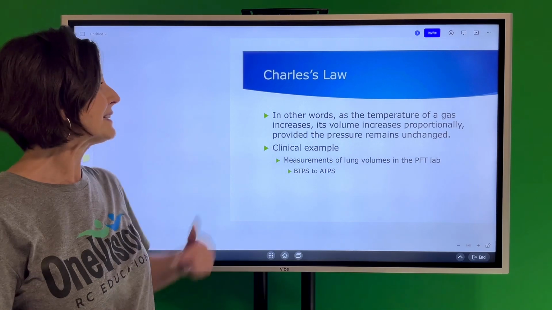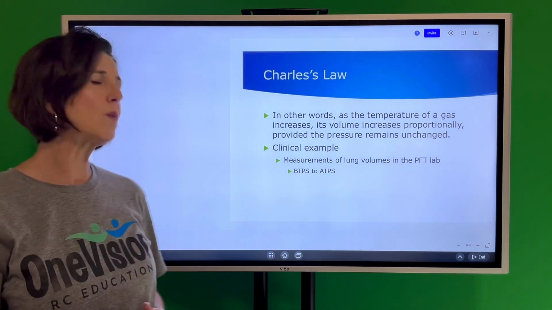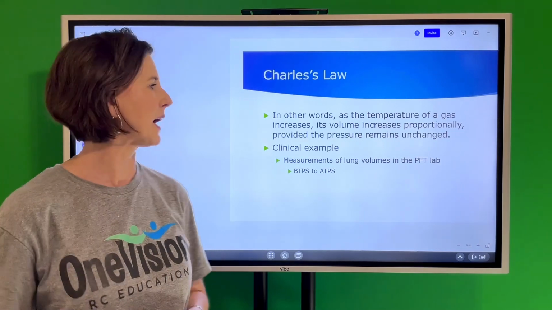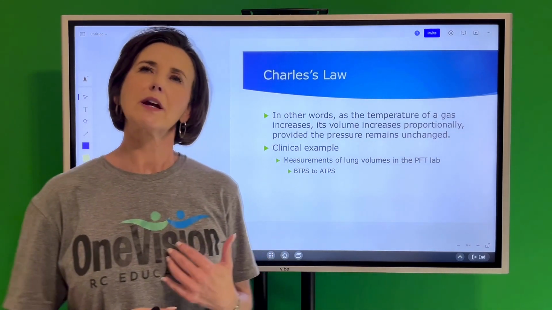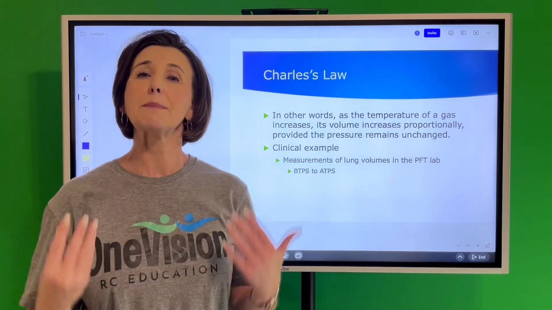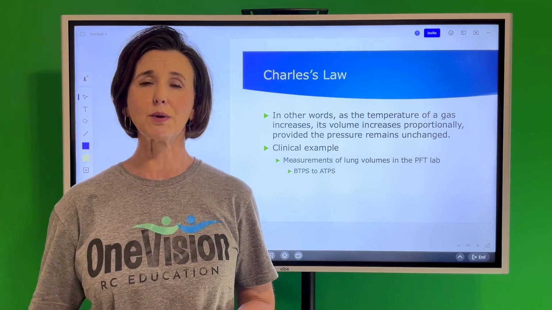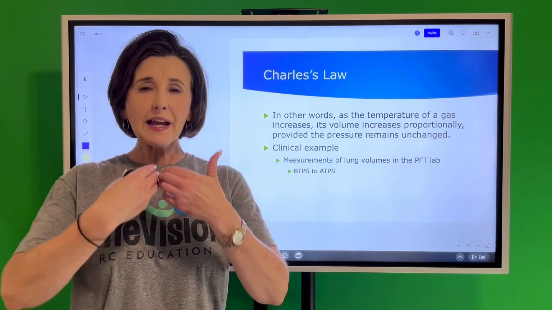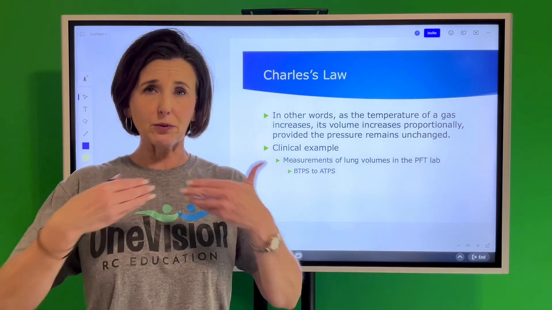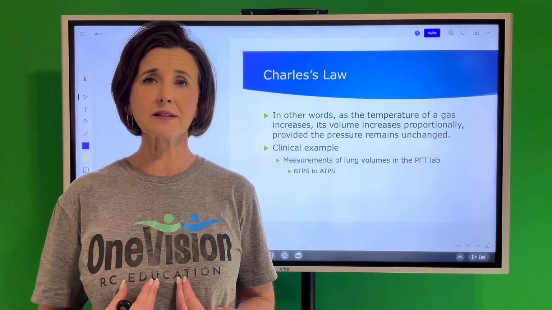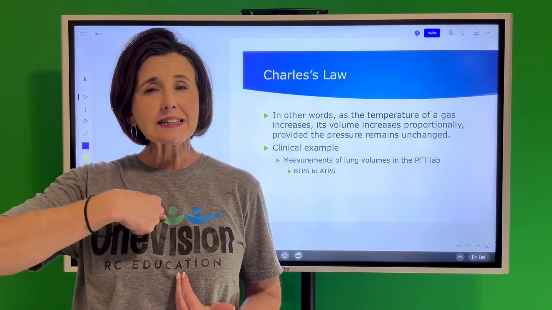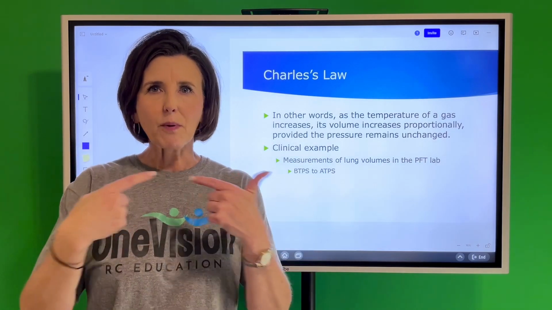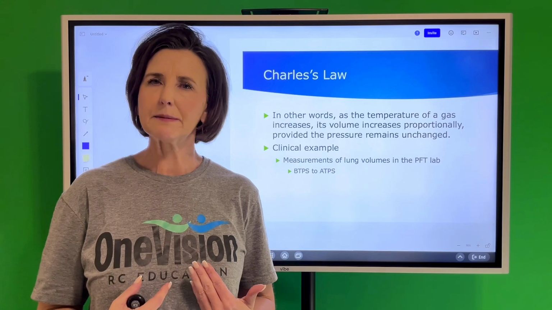A clinical example of this is when we measure lung volumes in the pulmonary function lab. A lot of times there is something called a vital capacity maneuver that's done in the pulmonary function lab. So we take a great big deep breath in, and we have a particular volume of gas in our lungs. But the volume of the gas in our lungs is at 98.6 degrees, normal body temperature.